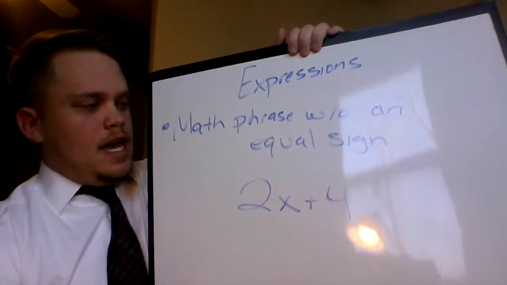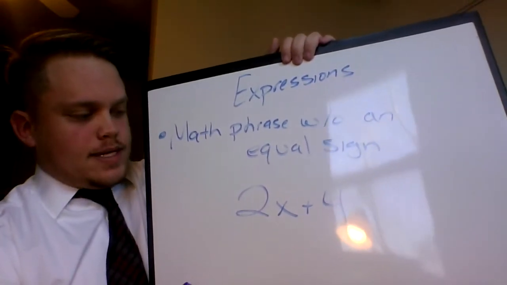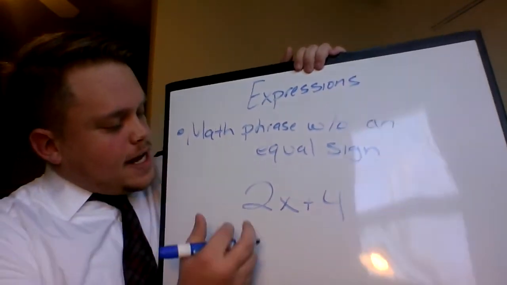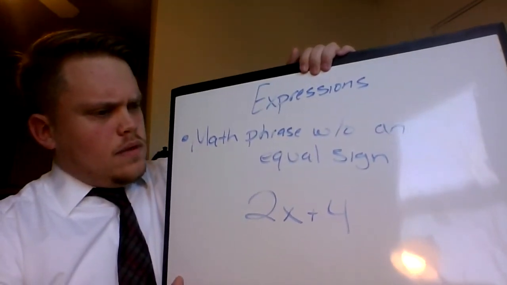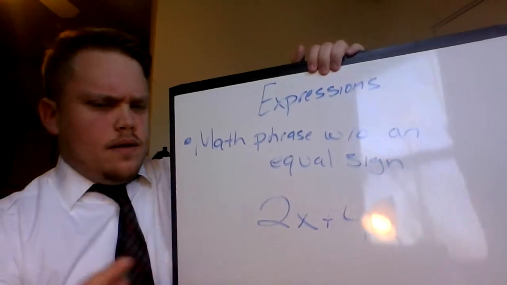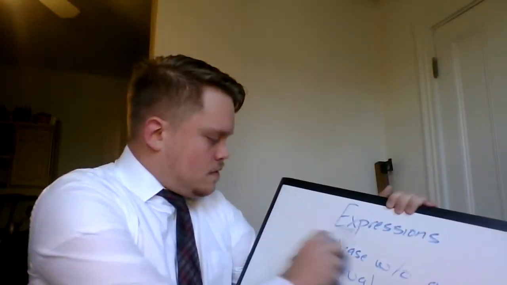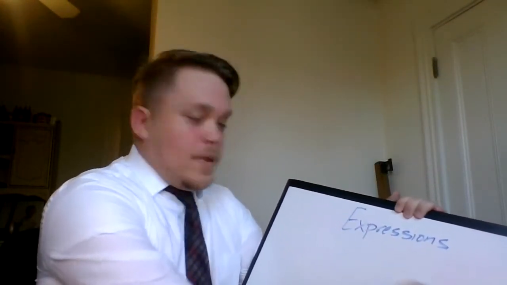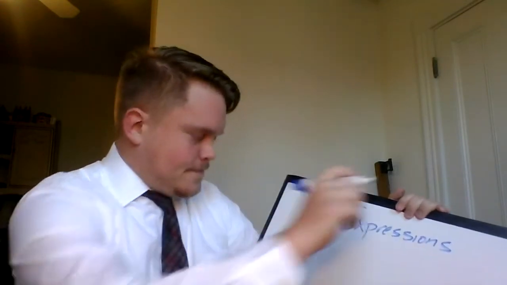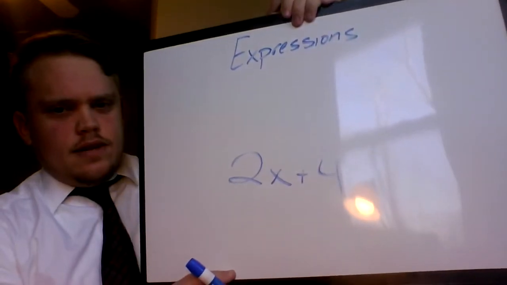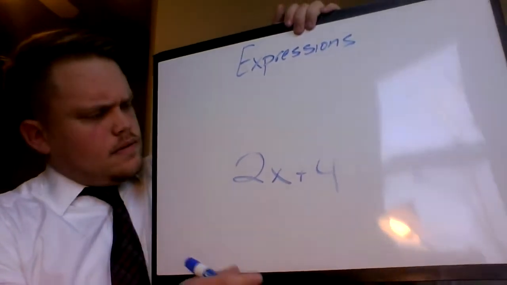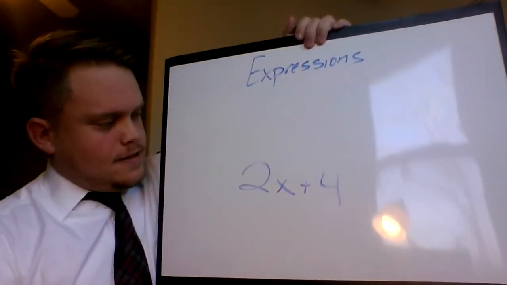What we're going to want to be able to do by the end of this little lesson here is be able to identify the parts of an expression. So let's try and figure out what those are. Hope you all wrote down that definition. So let's start with the thing here in the expression that looks the most different.